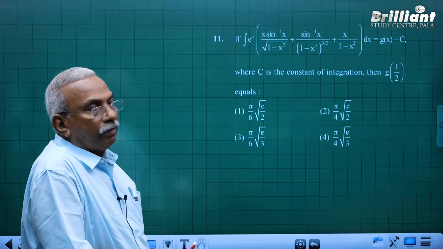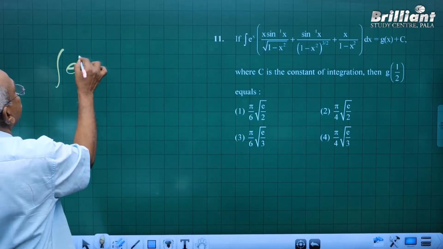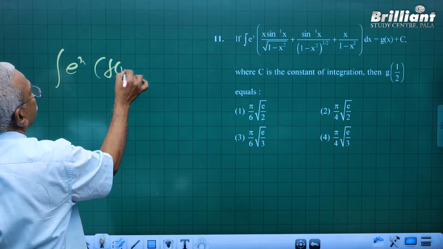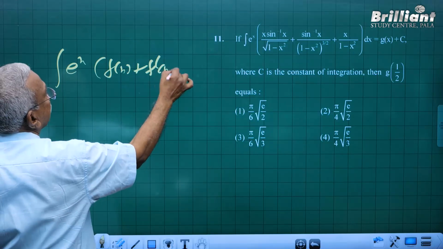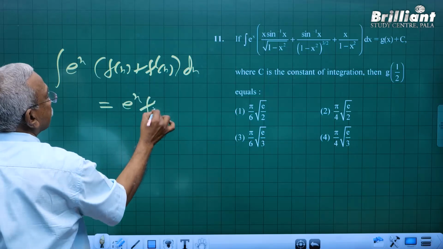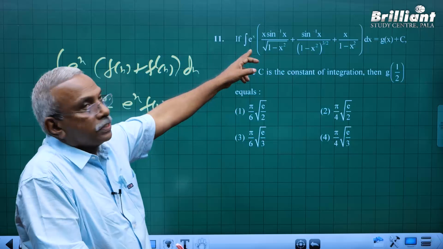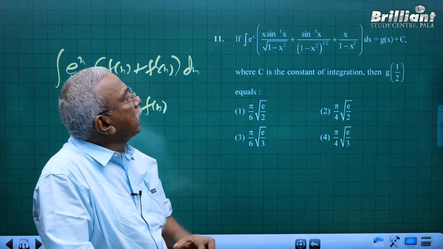Now, question number 11. This is a very famous form. You know, integral e raised to x into f of x plus f dash x dx is there. Then this implies that e raised to x into f of x. Now, you read the problem. Here e raised to x is there and 3 expressions are there.